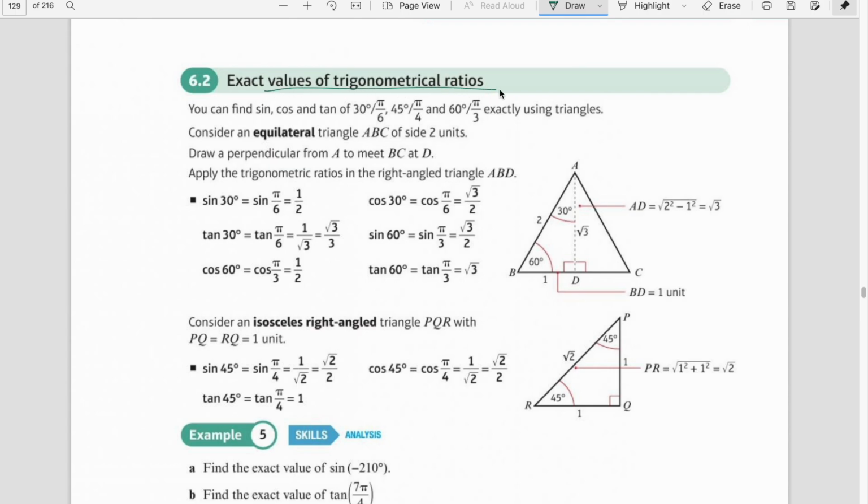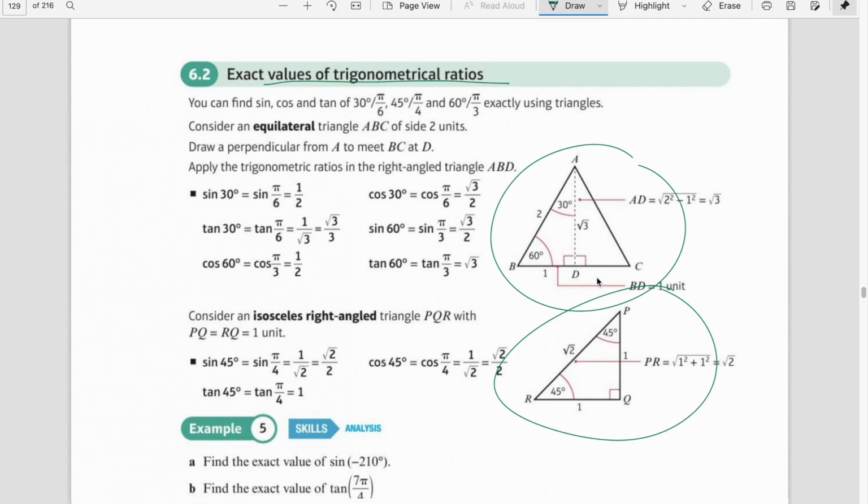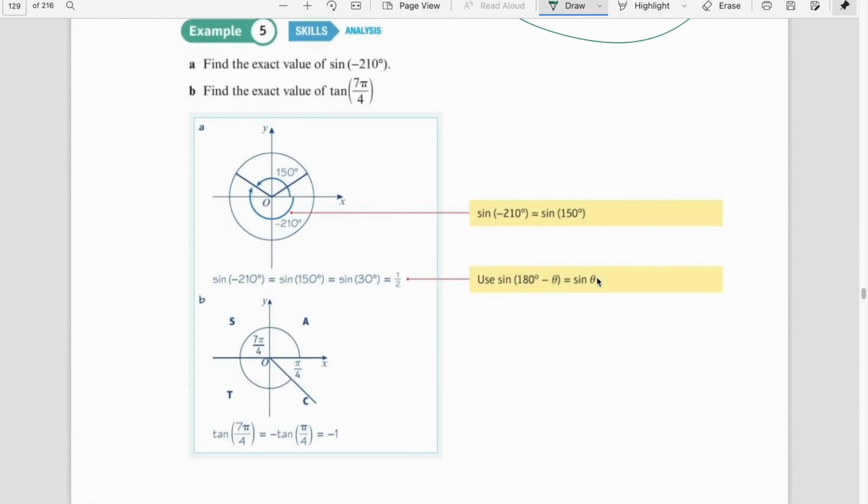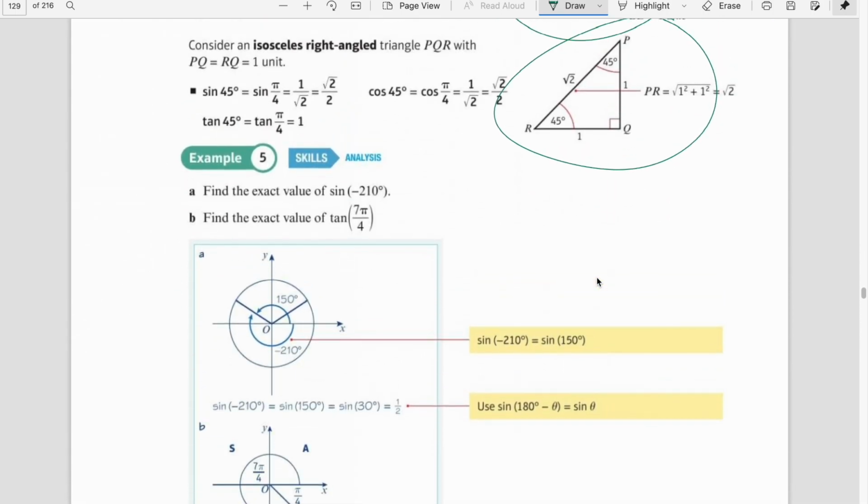Exact values of trigonometric ratios indirectly covered these two triangles before. So if it says find the exact value of sine negative 210, we know that we have to move clockwise. This is 210, and the difference between 210 and 180 is 30.